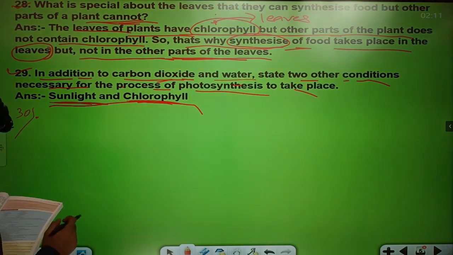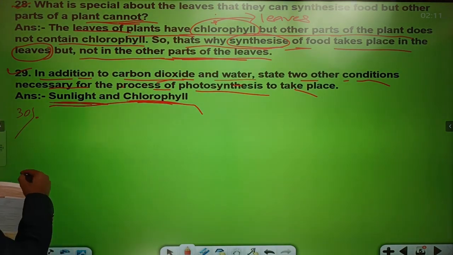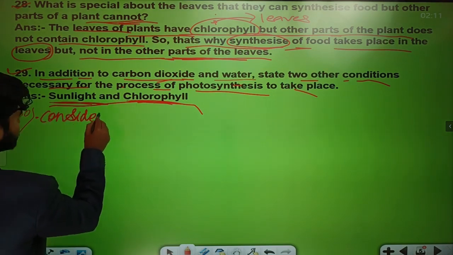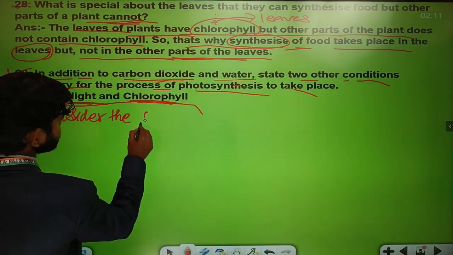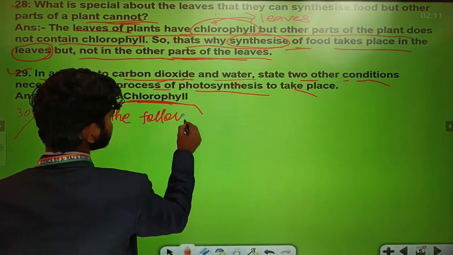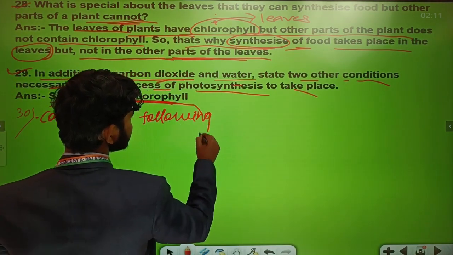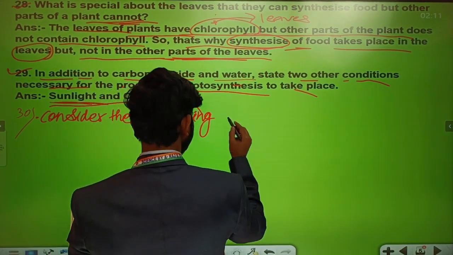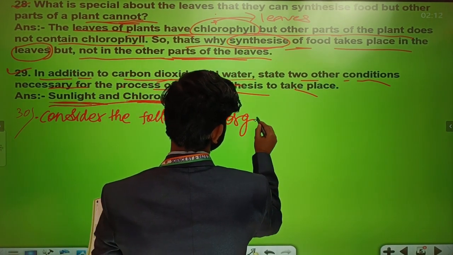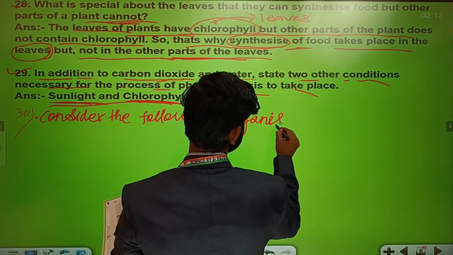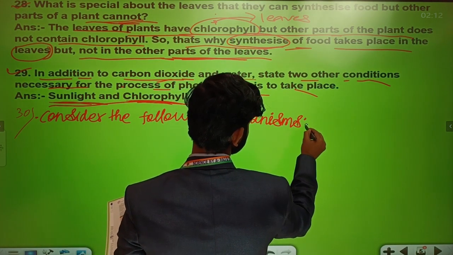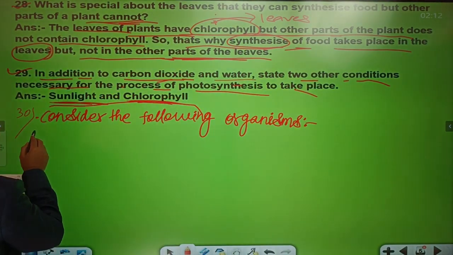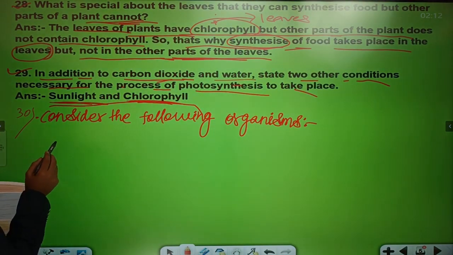And question number 30 is saying, consider the following organisms. All right. And here, what type of organism is given?